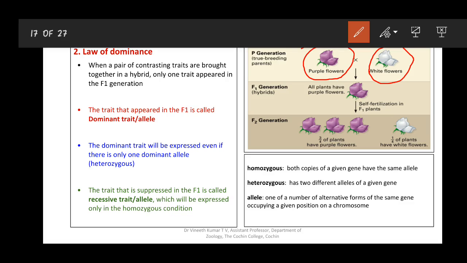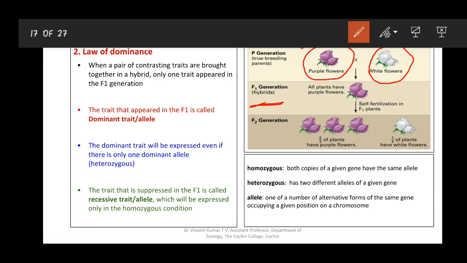So only one trait will appear in the F1 generation. In the F1 generation, you can see that only one trait is appearing. He did not get something gray, which is a mix of both the parents.